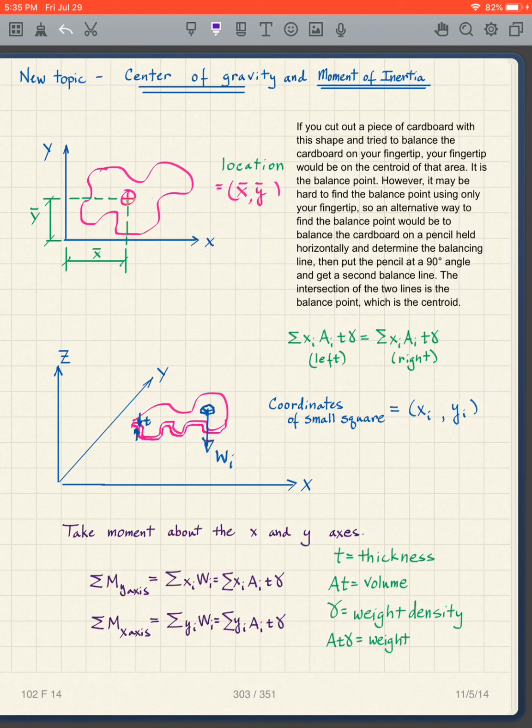Now, why do I want to do that? Because my goal is, remember, I want to find the centroid, because once I find the centroid, then to do an analysis, I can put all of the weight at that one point.